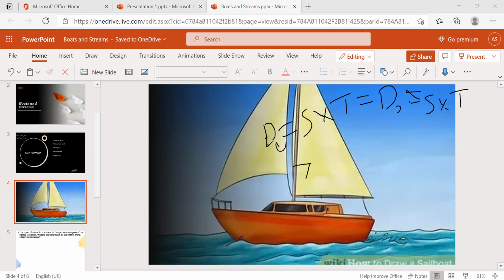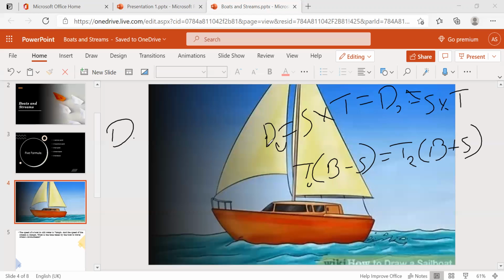In upstream, time one into (b minus s), right? B minus s is the speed. Now this is equal to time two into (b plus s), right? Now from this, upstream distance equals downstream distance.